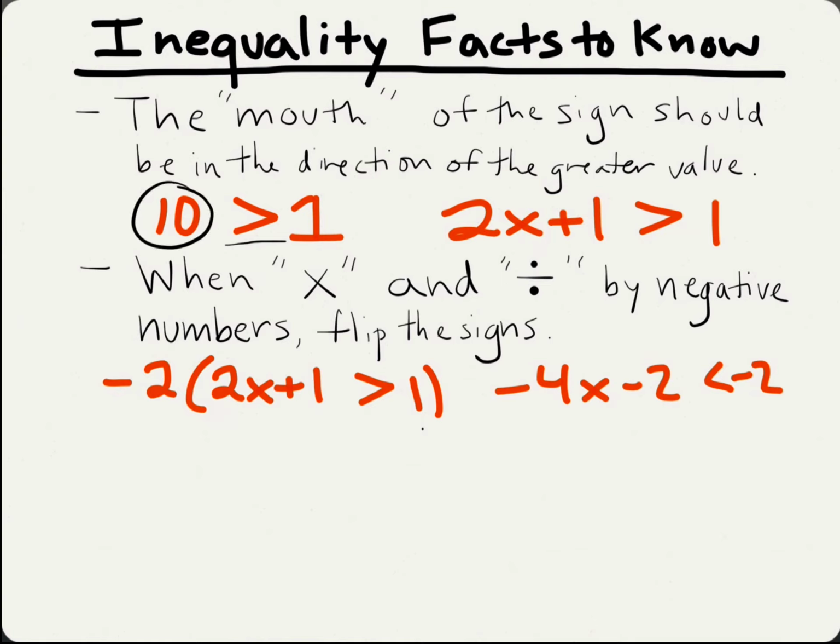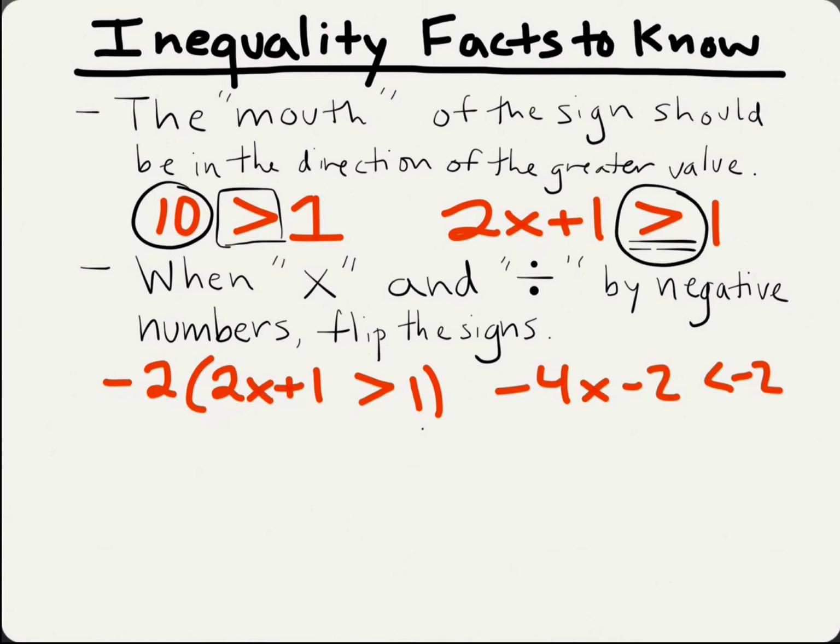So that should make sense. And in this case, we don't know exactly what 2x plus 1 is going to be equal to, but the greater than sign, with its open mouth towards the 2x plus 1, indicates that 2x plus 1 is greater than 1.